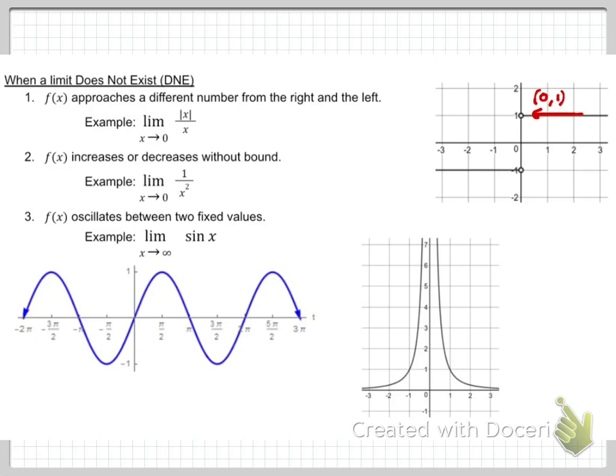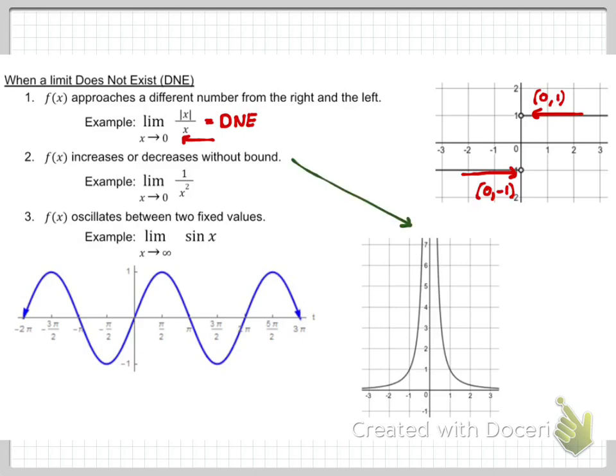So the first situation is when the limit approaches a different number from the right and from the left. So if we're approaching 0, notice the limit as x approaches 0. On the right, you get closer to 1, but on the left, you get closer to negative 1. For that reason, since the sides are approaching a different y value, one side approaching negative 1, the other side approaching 1, here the limit does not exist. So we write DNE for does not exist.